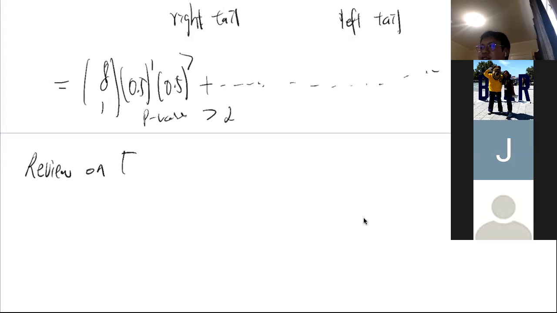It's just that in the calculation of the t distribution, we need the gamma function to simplify our equation and calculate the result. Let me look at the lecture notes. The gamma function is defined to be n minus 1 factorial.